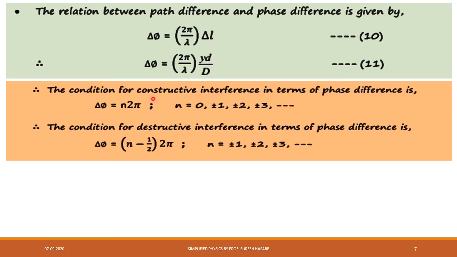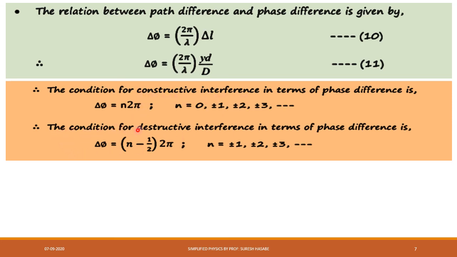Now the condition for constructive interference in terms of phase difference. In the previous slide we discussed it in terms of path difference. Now we are discussing phase difference: delta phi is equal to n times 2 pi, an integral multiple of 2 pi. That you have to remember, then there will be constructive interference.